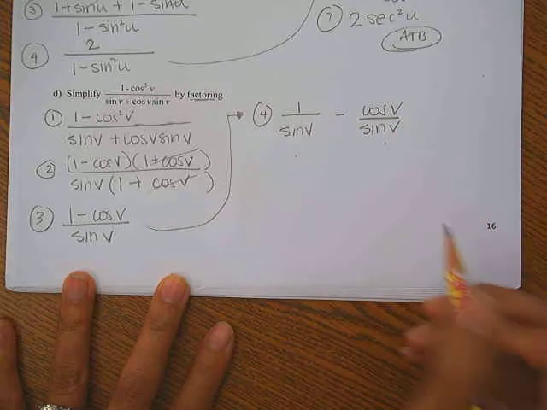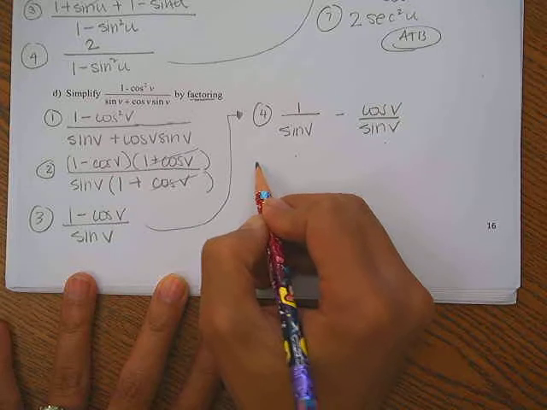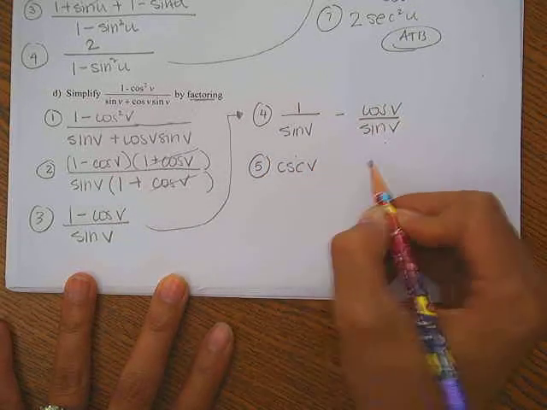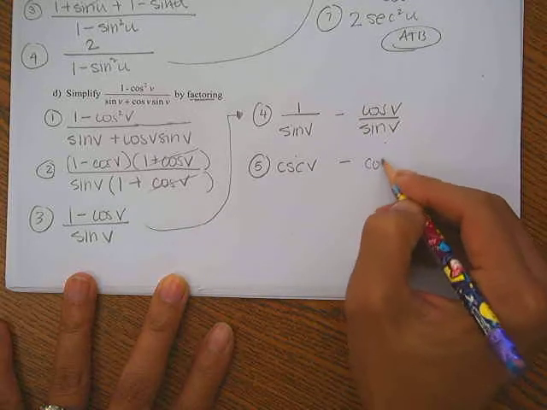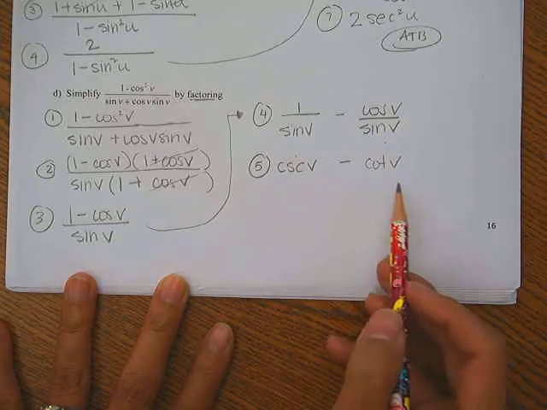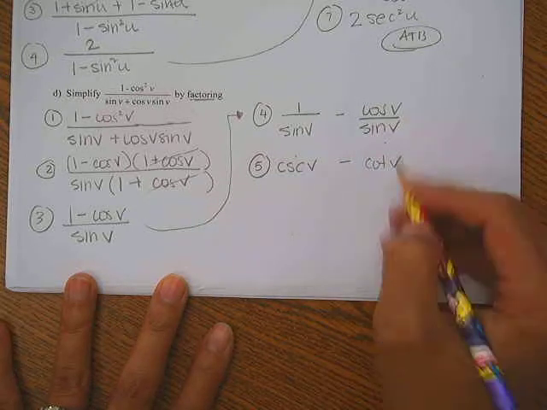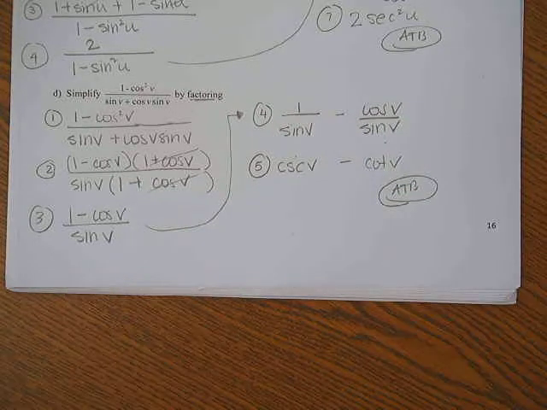Your goal, when you simplify, is to get into a non-fraction. 1 over sine of v is the reciprocal function, so step number 5, that's going to be cosecant of v. Cosine of v over sine of v is cotangent of v. And this is the simplest form we can go. It's not a fraction anymore, so that's the best I can do.